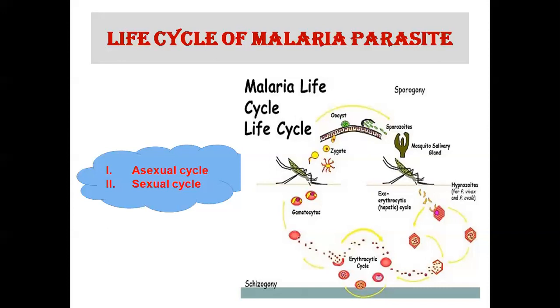Then the merozoites are released into the circulation.